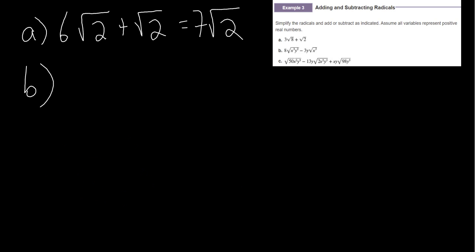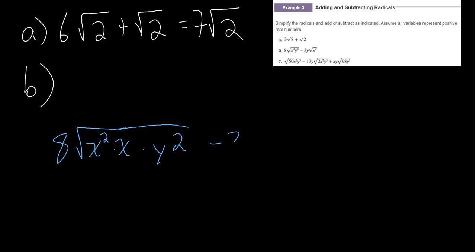So here we go. Again, napkin math here. We're going to have 8 on the square root of, and we can change this x cubed into x squared times x, and then times y squared, and then minus 3y on the square root of, same thing, x squared times x.